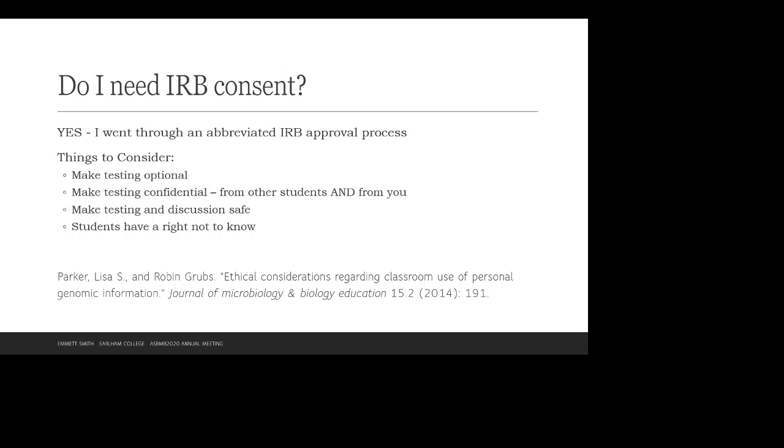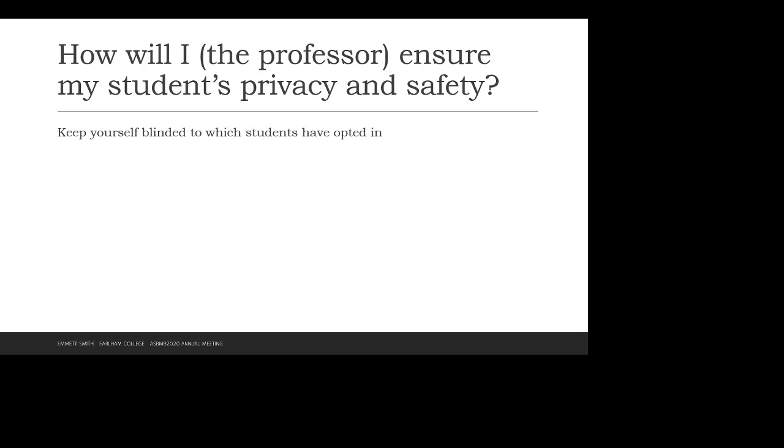Okay, so the next thing that we really want to think about, and this ties right into the IRB idea, is how will I, the professor, ensure my students' privacy and safety? One major way you can do this is keep yourself blinded to which students have opted in. One of the ways that I was able to do this was I ordered tests for everyone in my class, and I gave those tests to our lab manager, and the students picked those tests up from the lab manager.